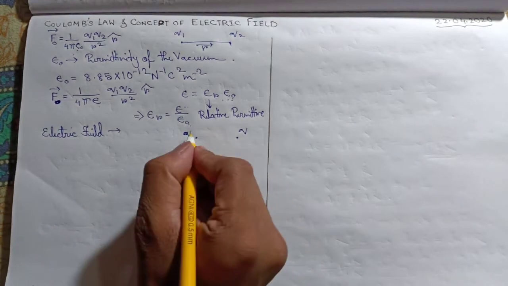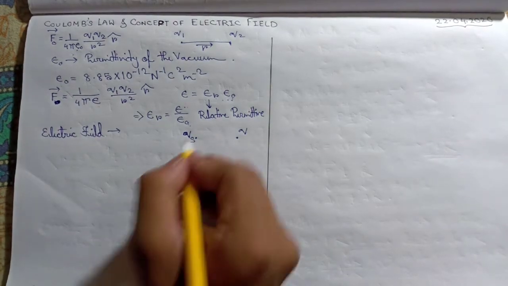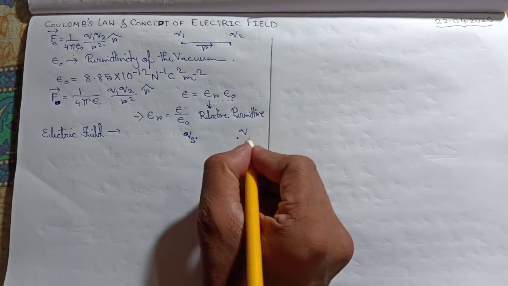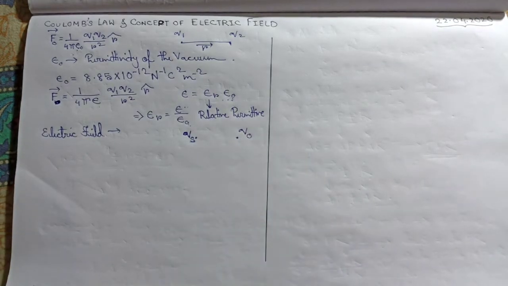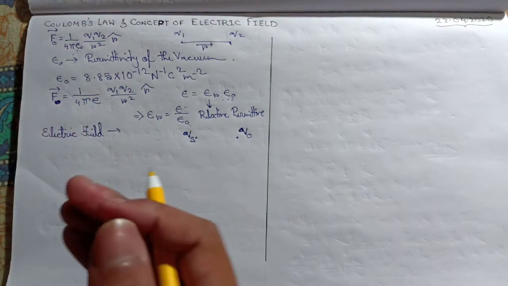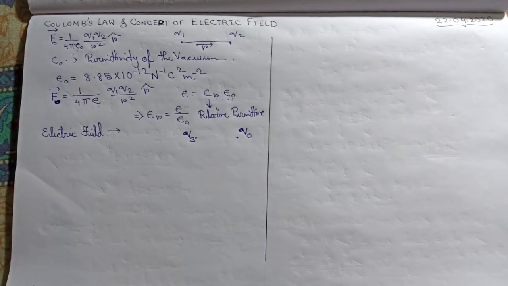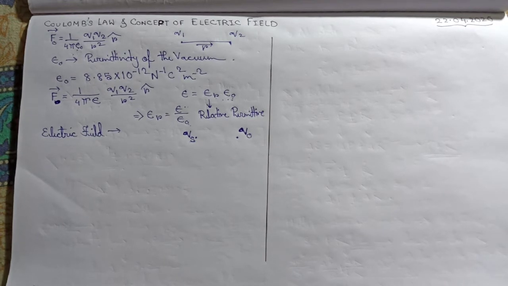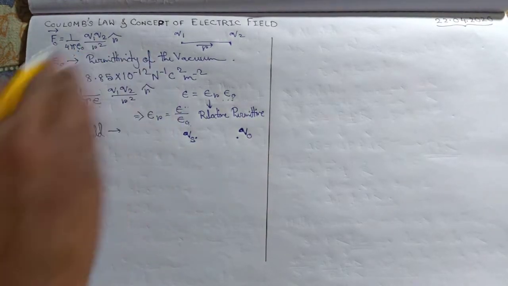So we can say this is the source charge, we put it here, and it creates something around it, and then we put a test charge around it. This test charge will experience something which is called the electric field. By that we can analyze the concept of electric force, which is the Coulomb's law force.